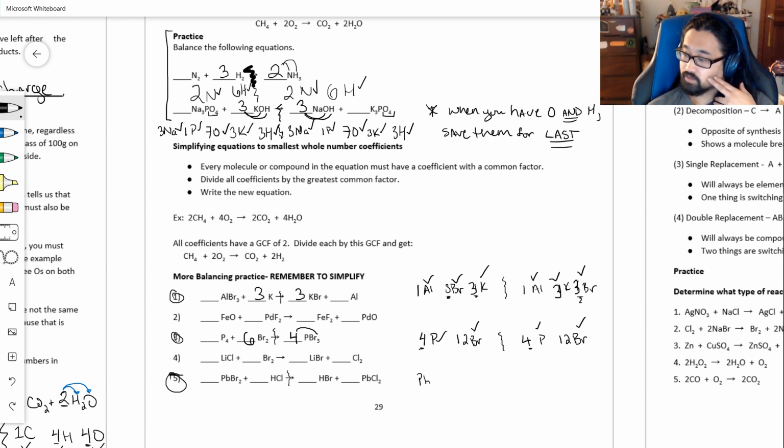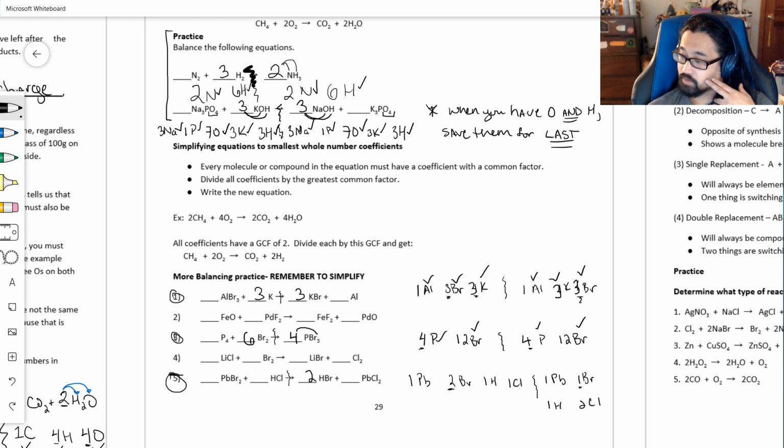For the very last one, 1 Pb, 2 Br's, 1 H, and 1 Cl. And I have 1 Pb, 1 Br, 1 H, and 2 Cl. So first thing it looks like I have to fix is bromine.